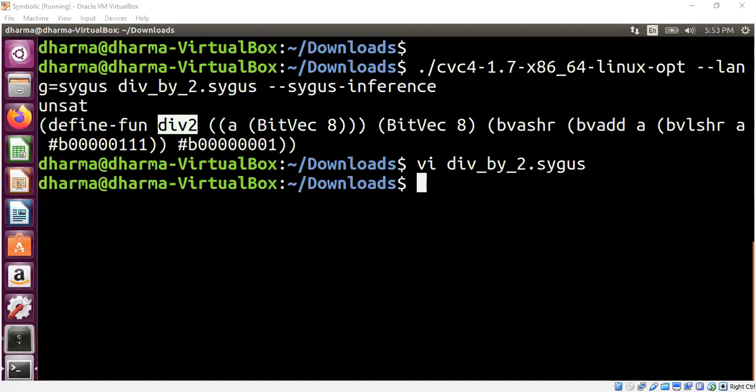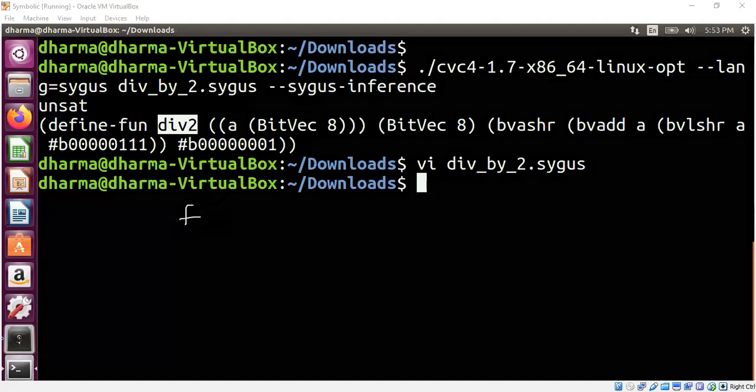The function f that it synthesized is a little bit more complicated than the unsigned case. The inner statement is a bitwise logical shift right. So we have a number a. We right shift by how many? 4 plus 2, 6, 7. By the way, I programmed it only for a byte, that's why I have 7 here.